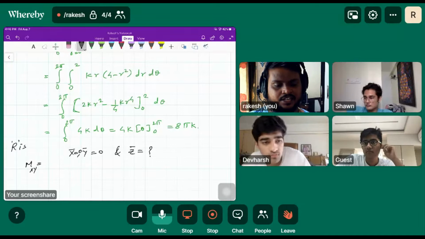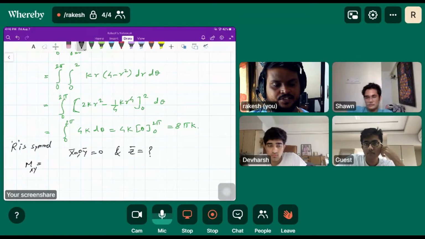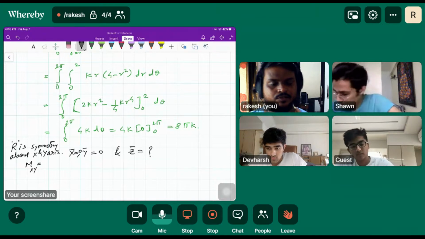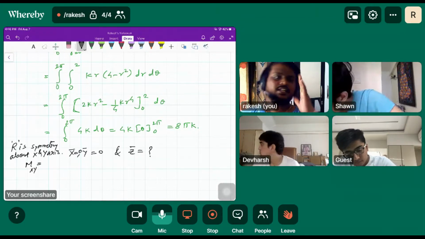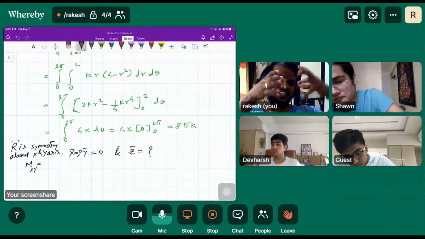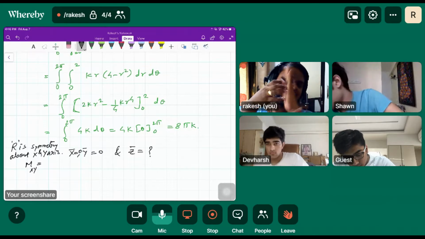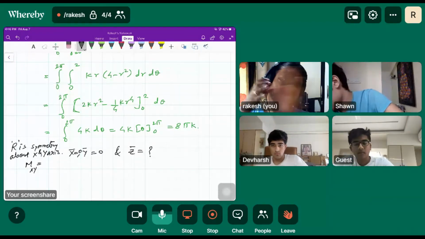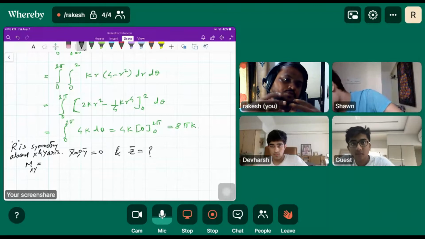Our region R is symmetric about x and y axis. Actually, you can say like that, our region T is symmetric about the xz and yz plane. That's more appropriate.